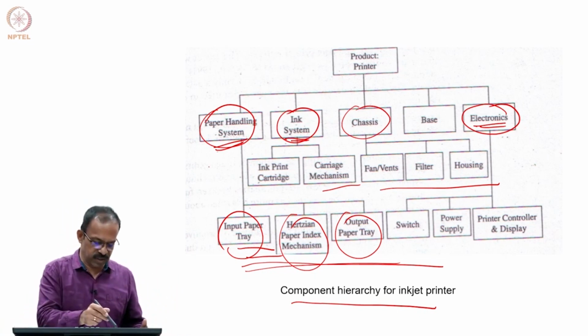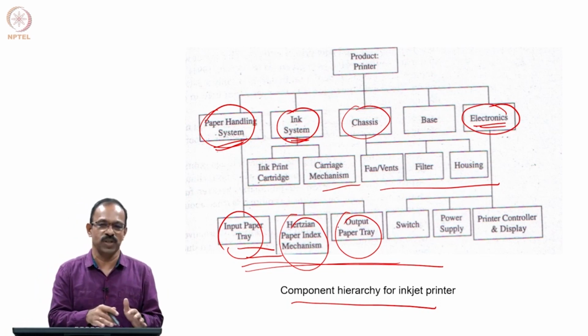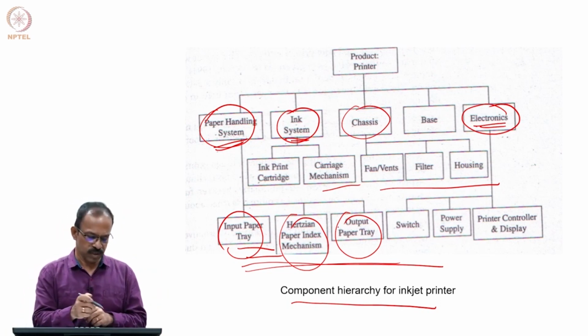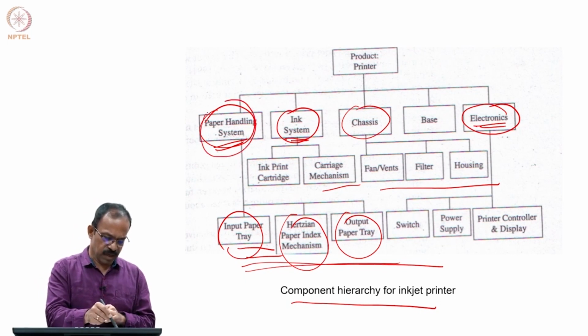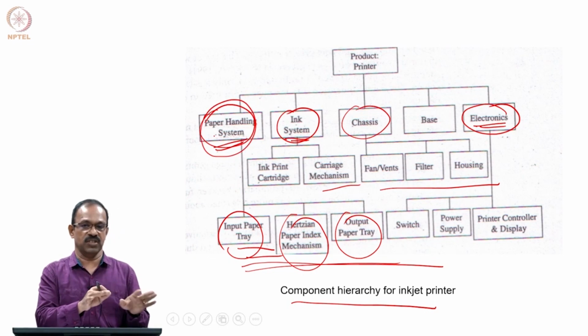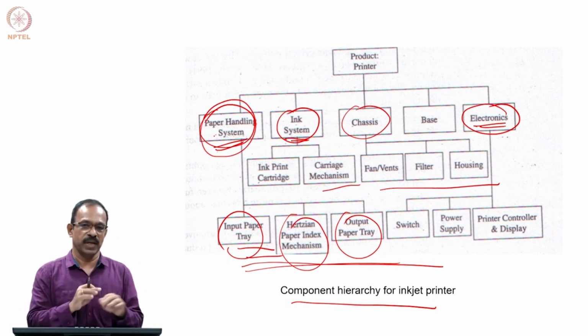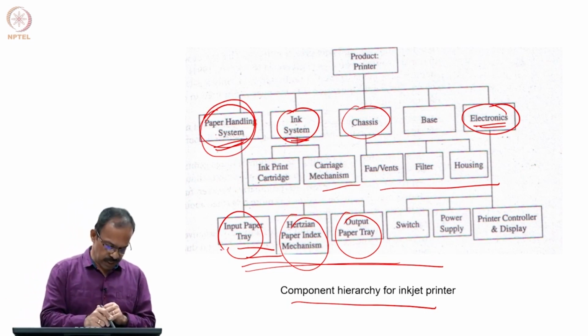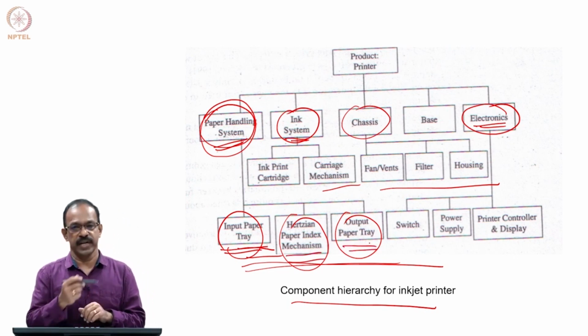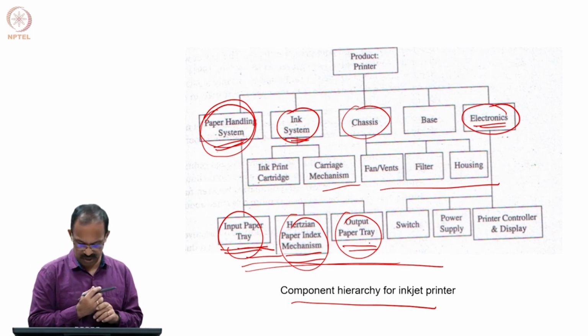We are trying to give names to the physical elements which provide the function in the product. The paper handling system takes care of all the functions needed for the paper to be handled, and individual parts take care of the individual functions that we identified in the functional decomposition.